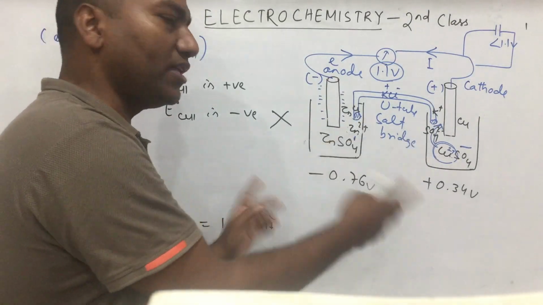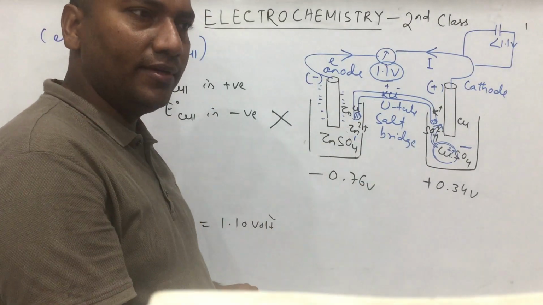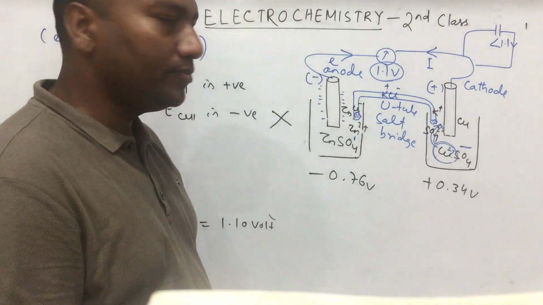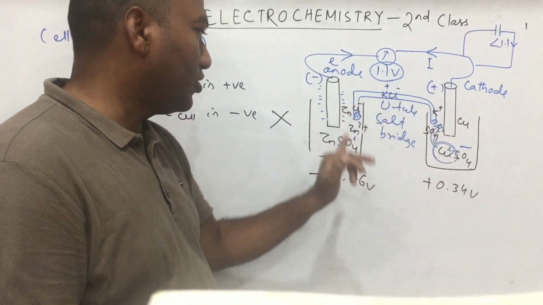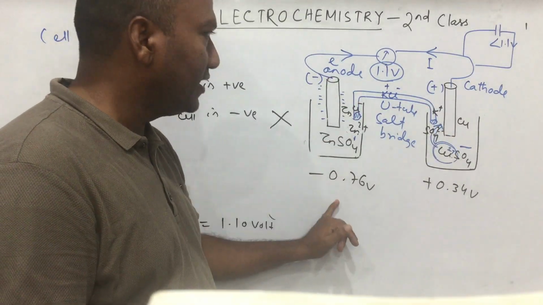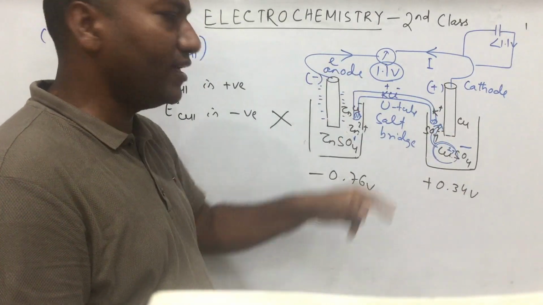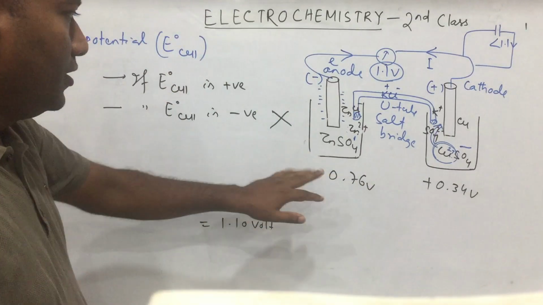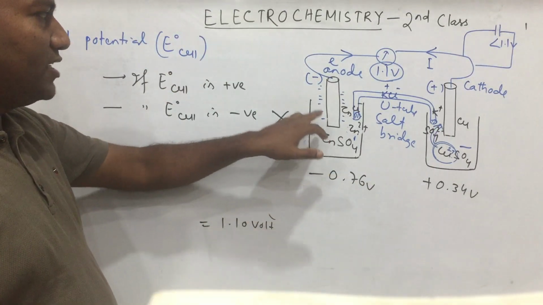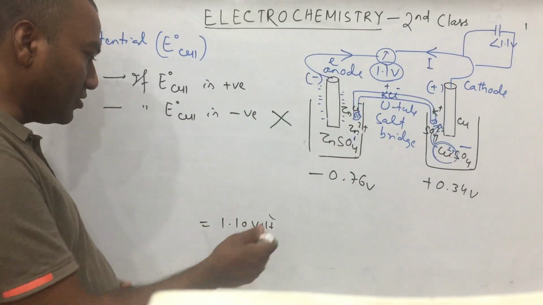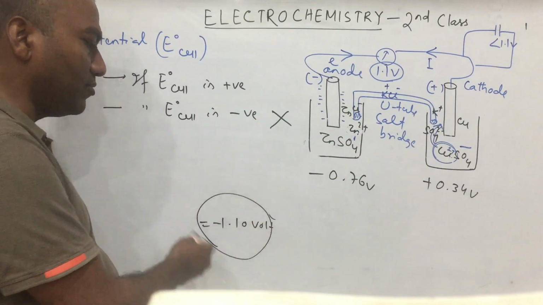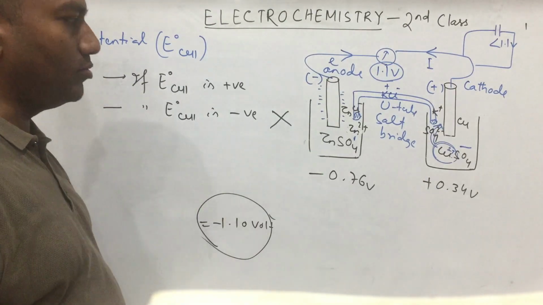Less means maybe both are positive, both are negative, or one is positive and another one is 0. So between these two electrodes, the electrode whose E° value is less is always used as anode. Why, sir? Now if you take zinc as cathode and copper as anode, then E° cell value will come minus 1.10 volt, which is not possible, not feasible.